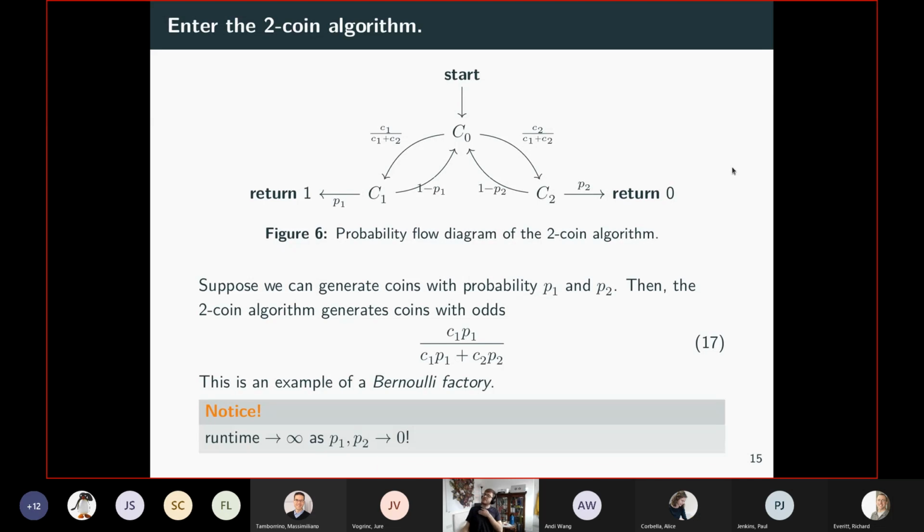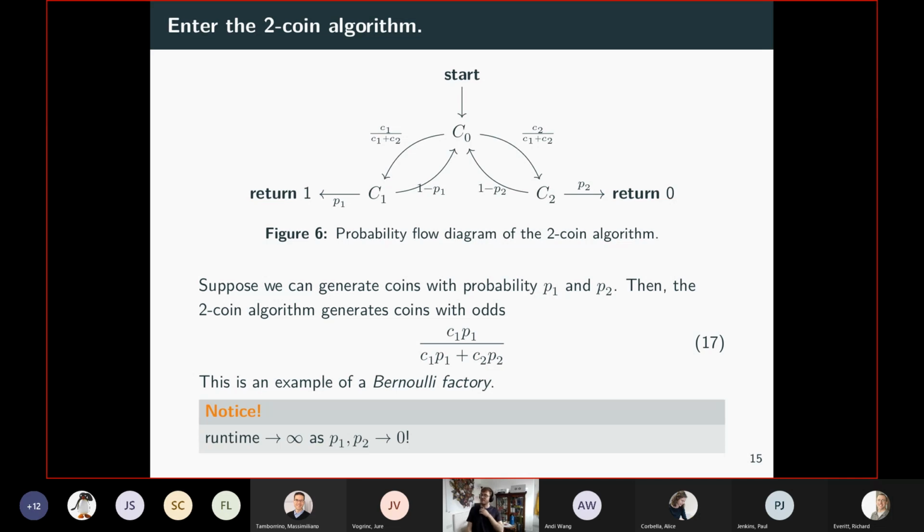And above in figure 6, there is a probability flow diagram that shows you how the two-coin algorithm operates. So you start out with flipping a coin that has probability of heads C1 over C1 plus C2.